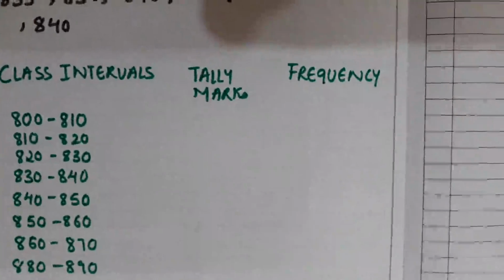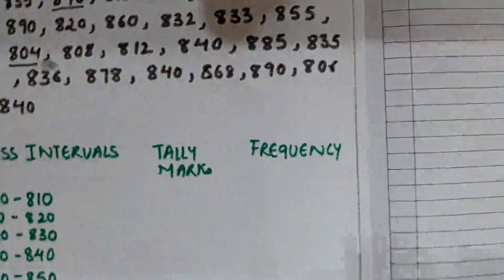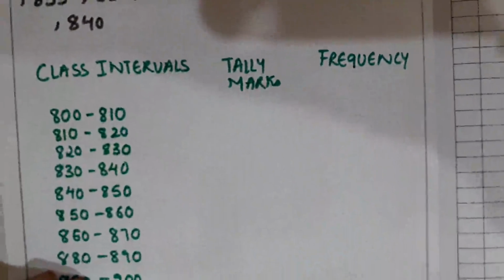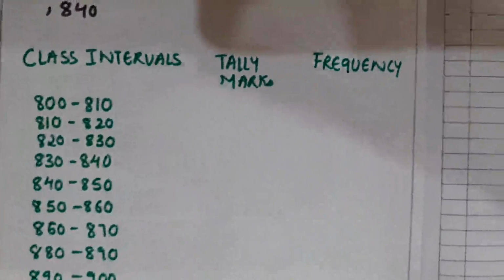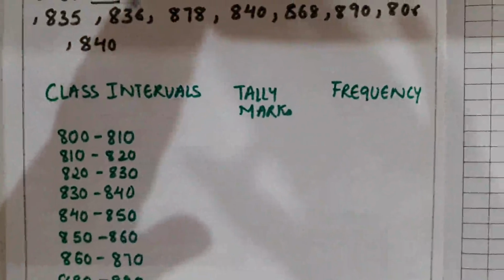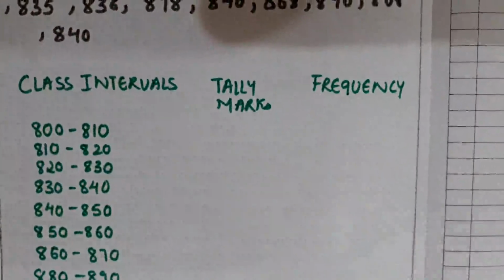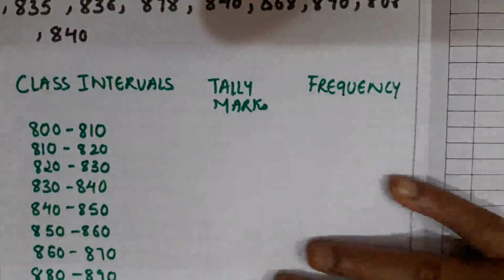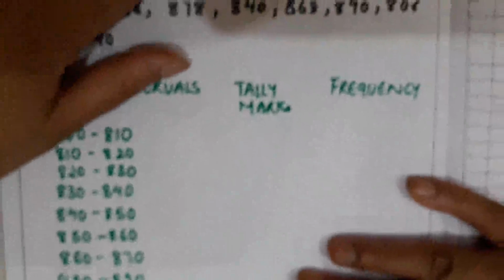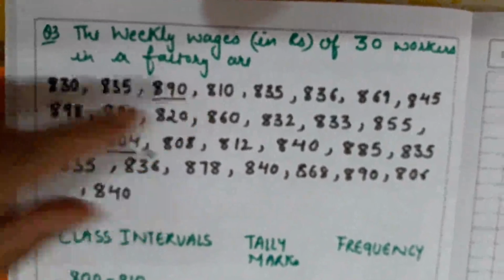Now I think this will be clear to you. See, you have 810 here. In which category will you keep this 810?